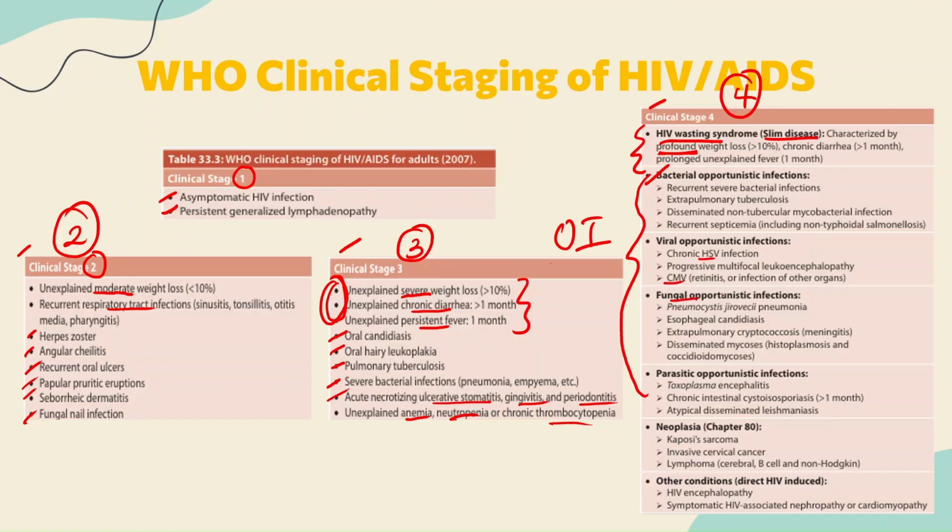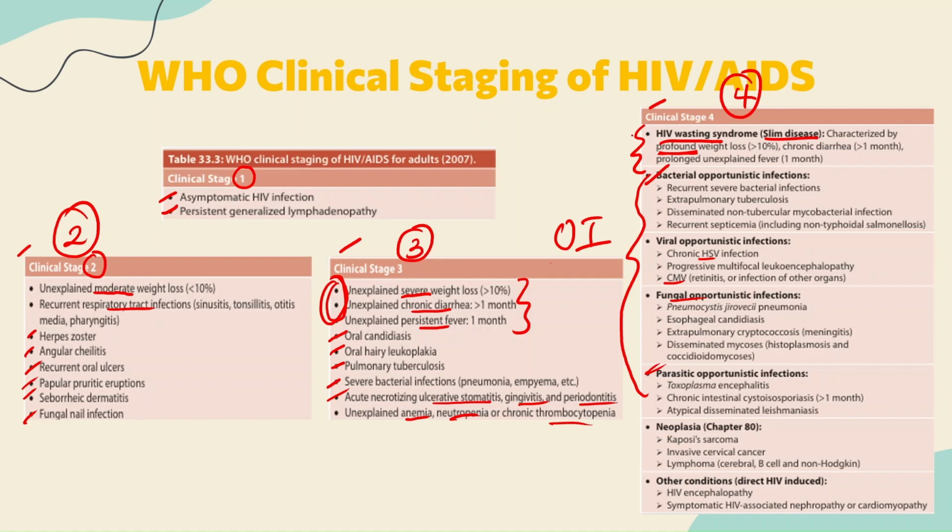Then we have fungal opportunistic infections like Pneumocystis jirovecii resulting in pneumonia, and esophageal candidiasis. Now, parasitic opportunistic infections include toxoplasma encephalitis, chronic intestinal cystoisosporiasis for more than 1 month, and atypical disseminated leishmaniasis. So these are multiple opportunistic infections.